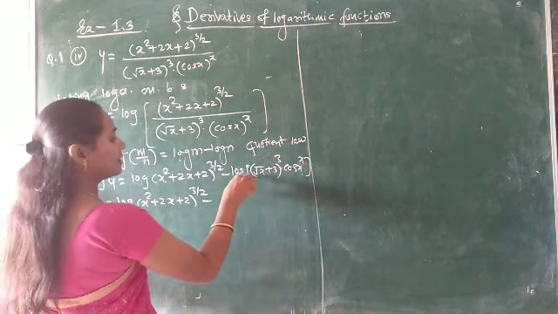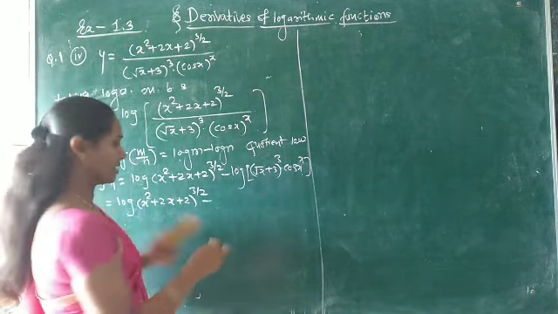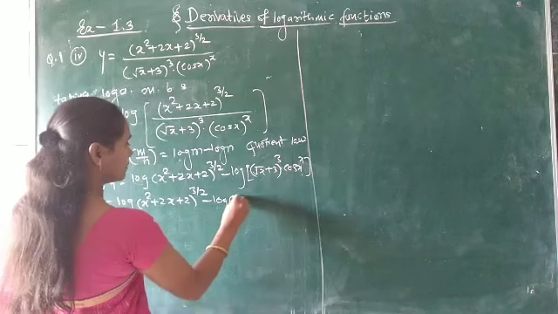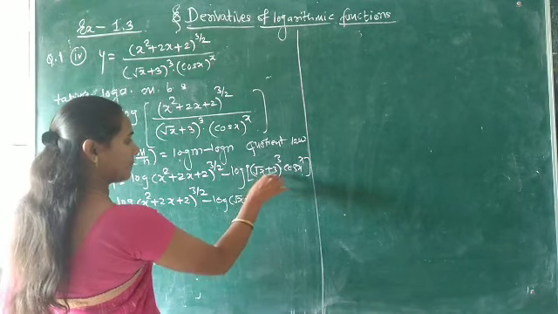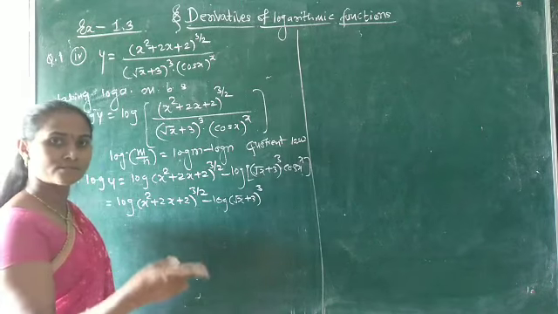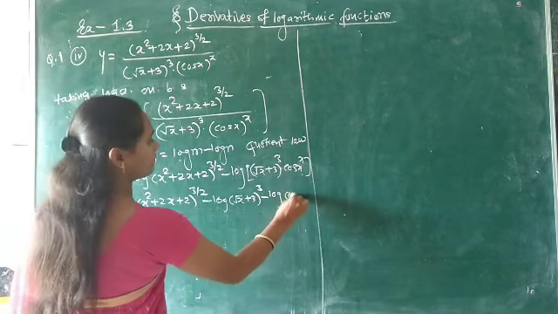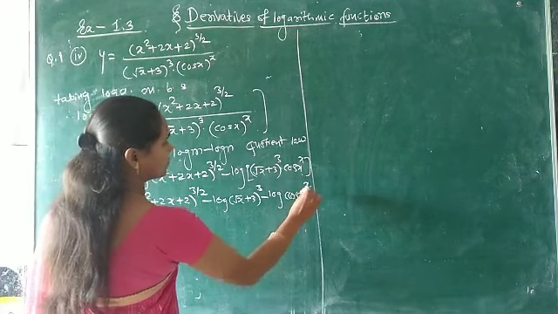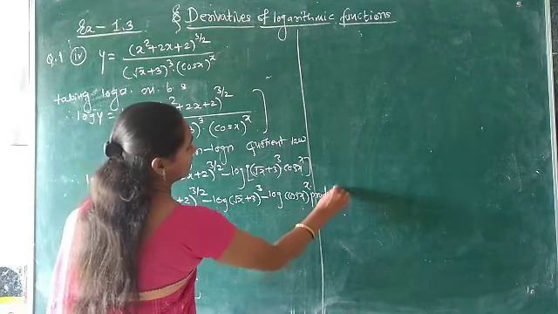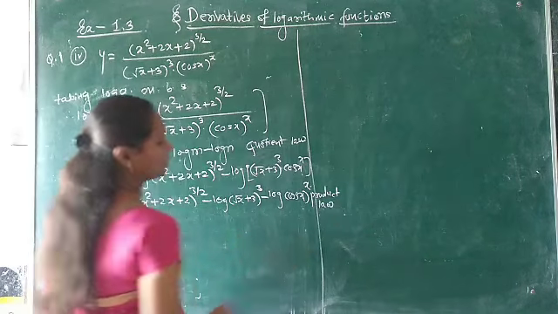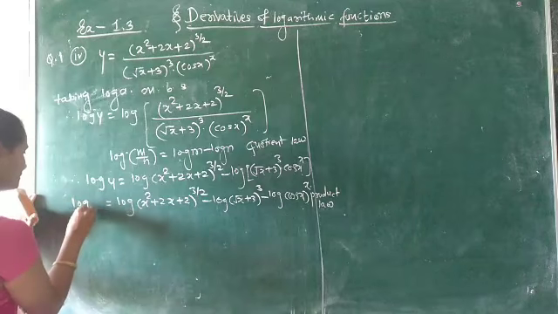Now look, log of m into n again is a product, so in logarithmic form we take addition: minus log of (root x plus 3) cube, log m into n is log m plus log n, but here with a minus sign, so minus log of (cos x) raised to x, by using the product law of logarithm. Log m into n is equal to log m plus log n.